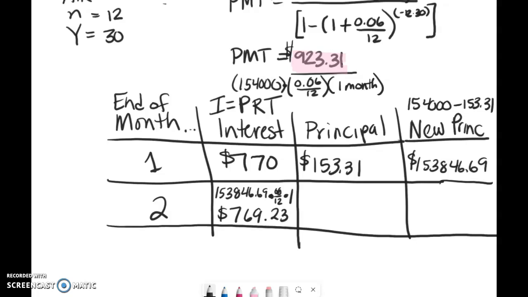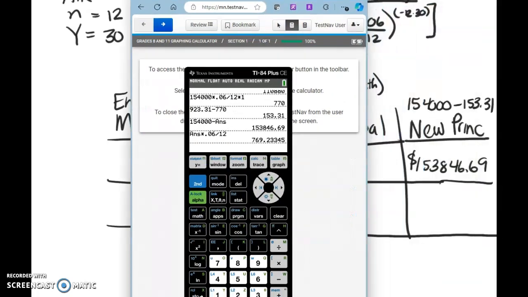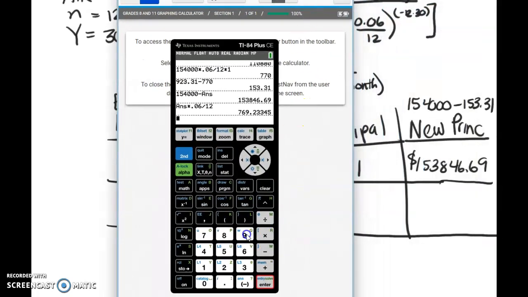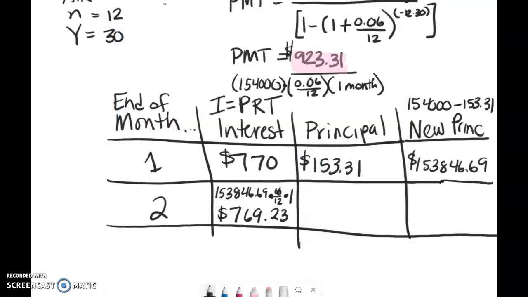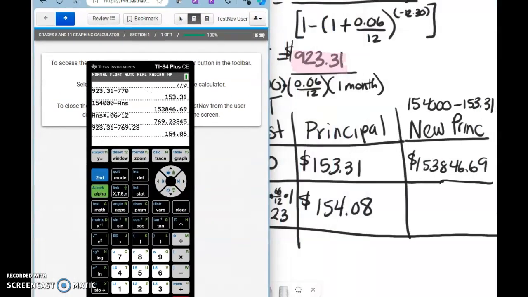And then again, take your payment. The payment is the $923.31 and subtract the $769.23. And this is the amount that goes towards principal. And so that will come off the balance.